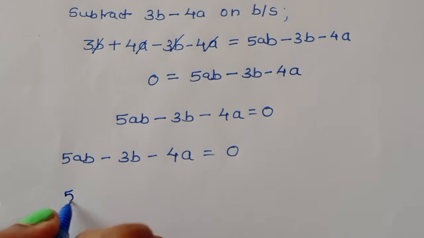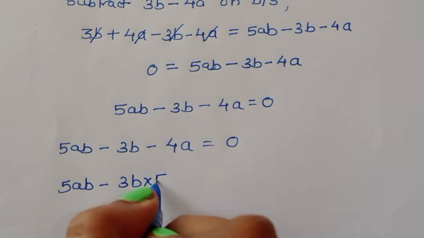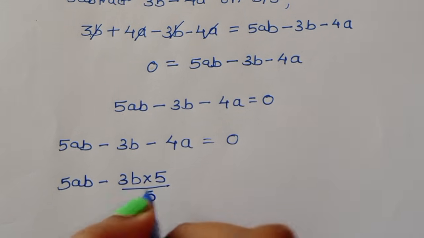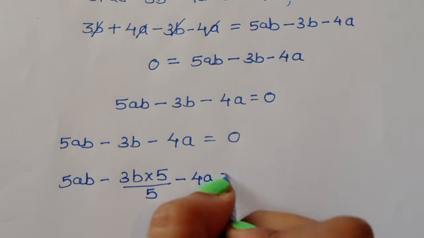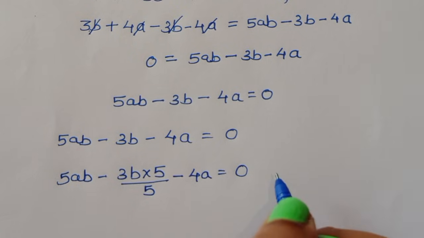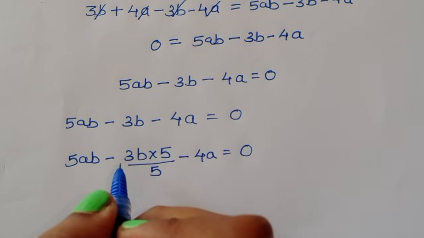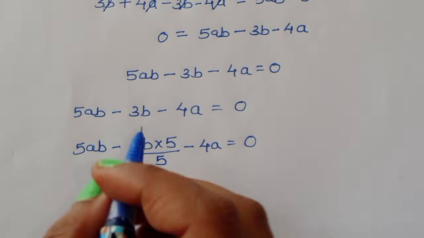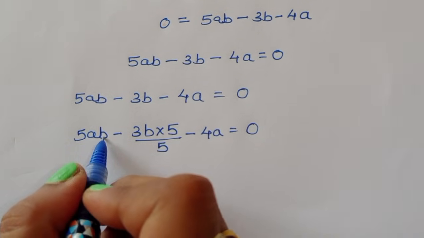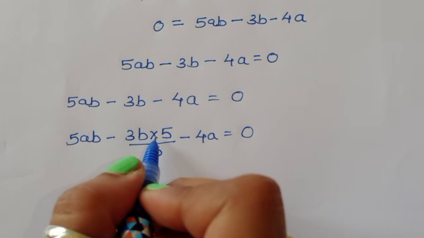So we get 5ab minus 3b times 5 divided by 5 minus 4a equal to 0. If we multiply and divide by 5, the value is the same. You can see this is 5ab and this is 3b times 5.